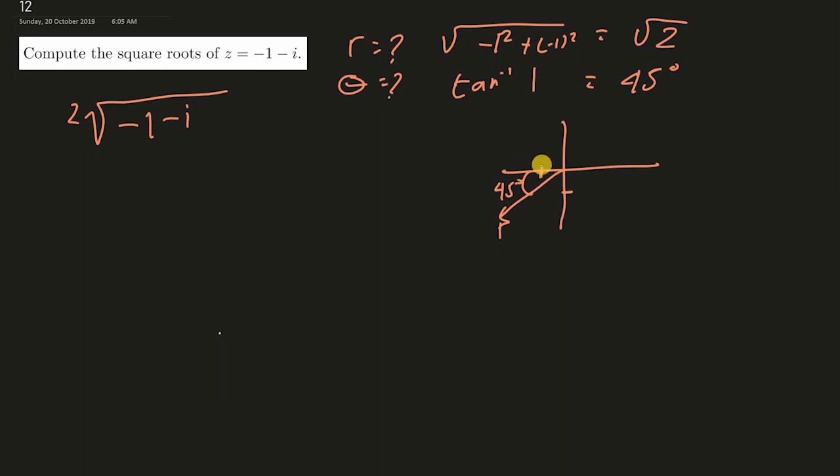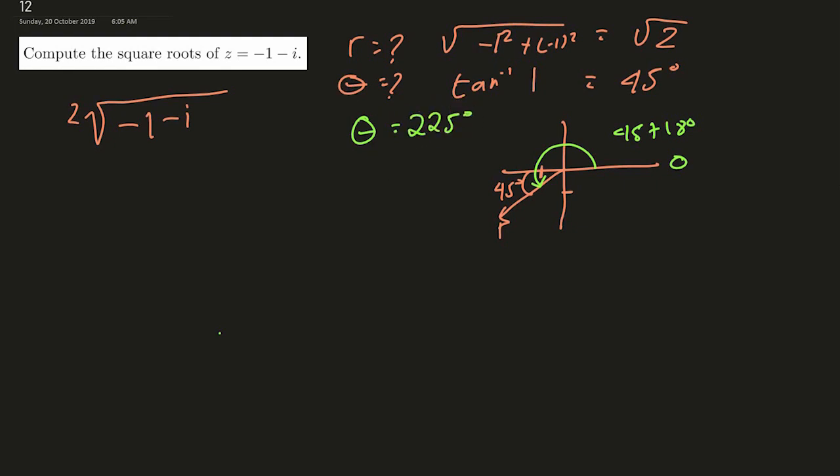Ang totoong value ng angle natin is from this 0 hanggang sa ating R. So, this is 45 plus 180, which is equal to 225. So, the value of our theta is actually equal to 225 degrees.